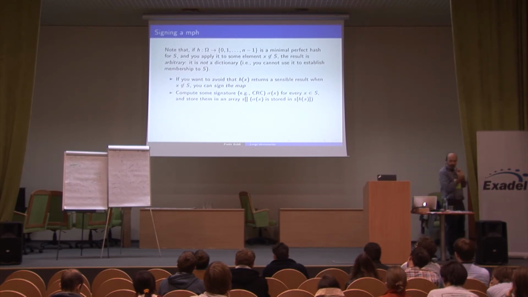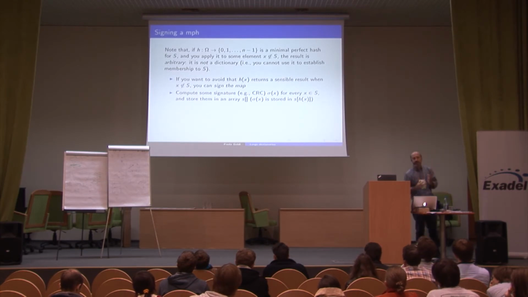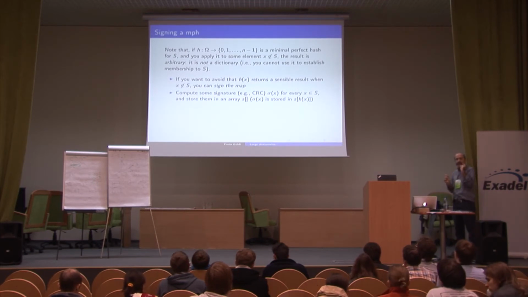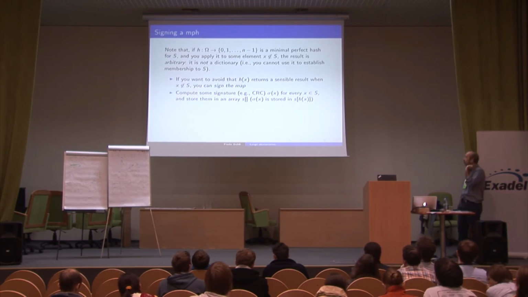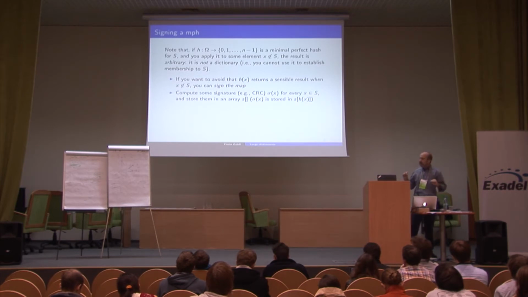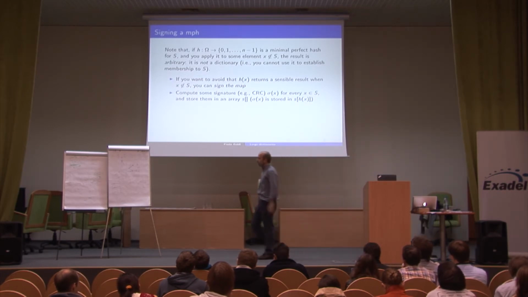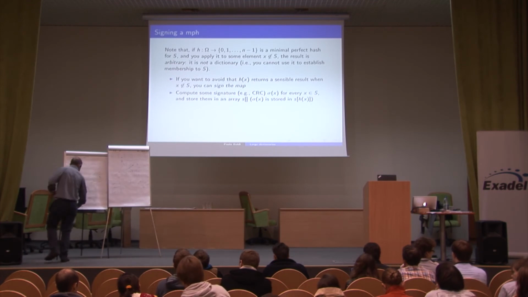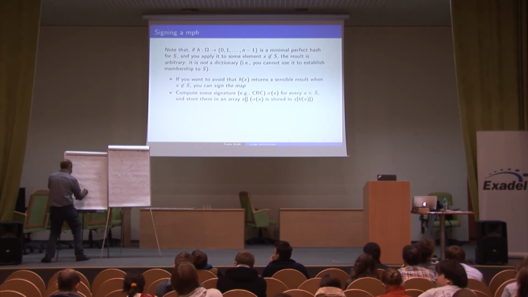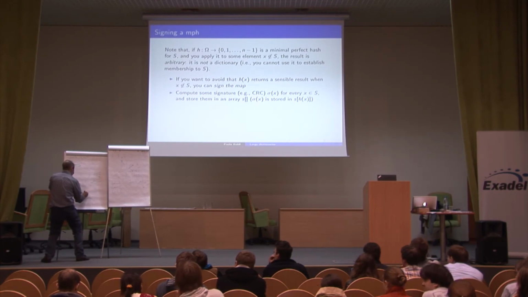What you can do is you can compute for every element of S some signature like a CRC, some small value that is a signature of the string, and then you store those CRCs in an array. In particular, for every element of S on which the function H was built, I compute a signature, which is a long integer.